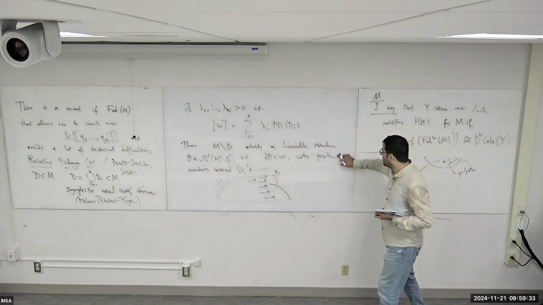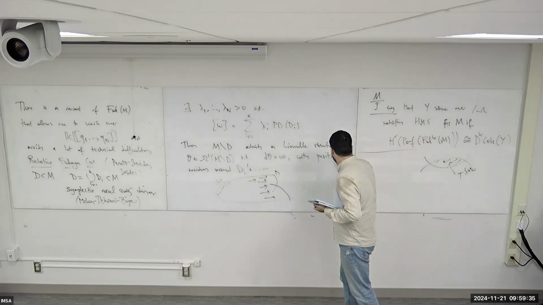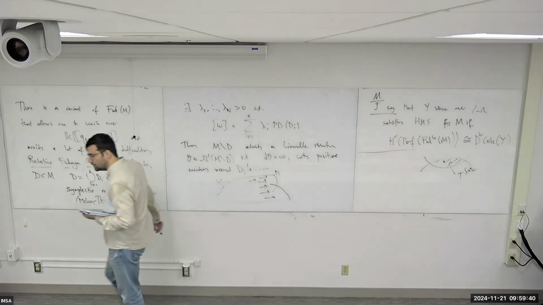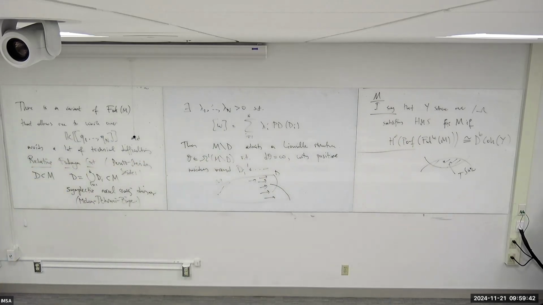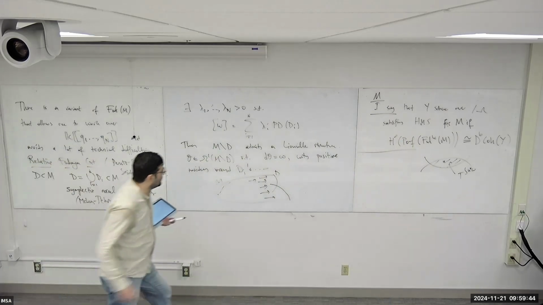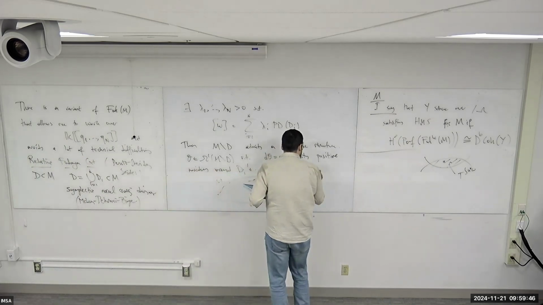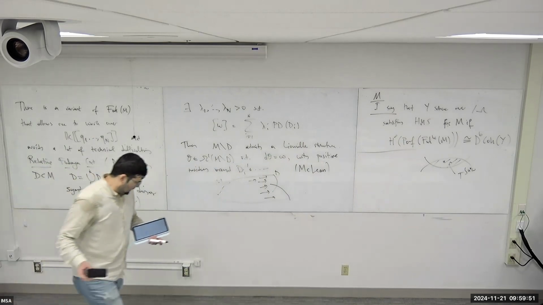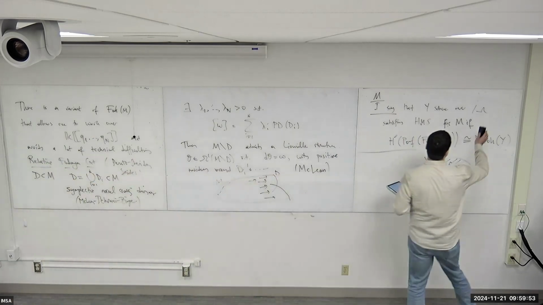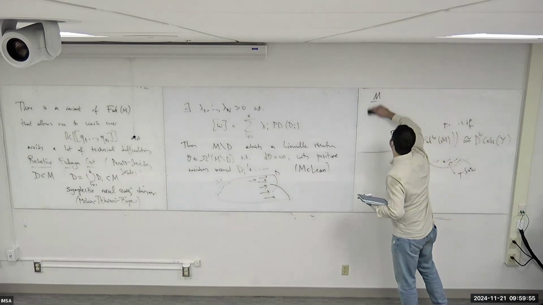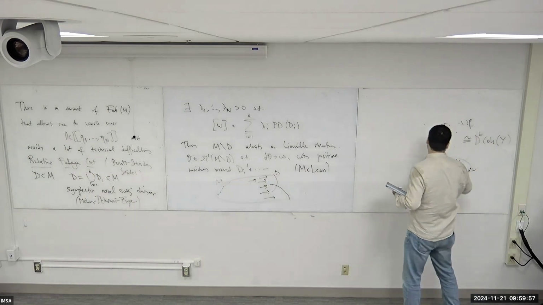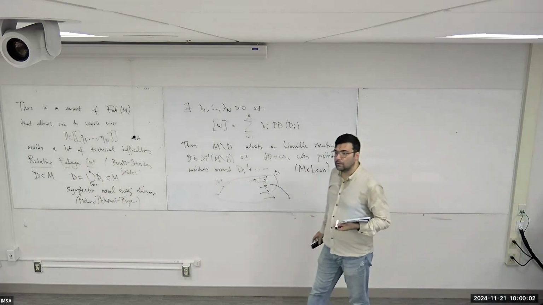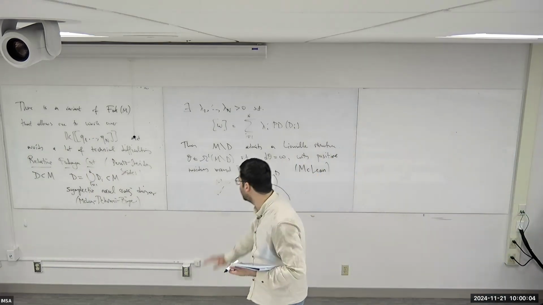So this blackboard is a proposition. It's something that you need to prove. Again, I can cite something, so this is in McLean's papers. There's nothing holomorphic in the data.